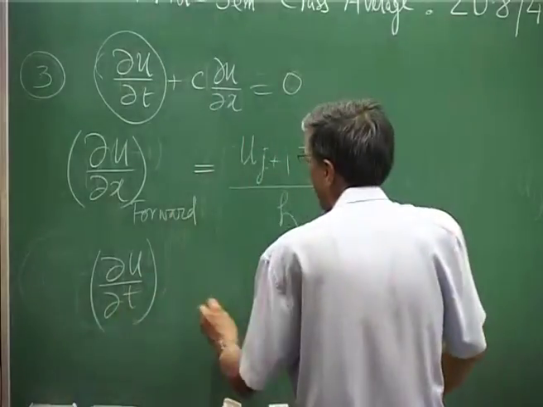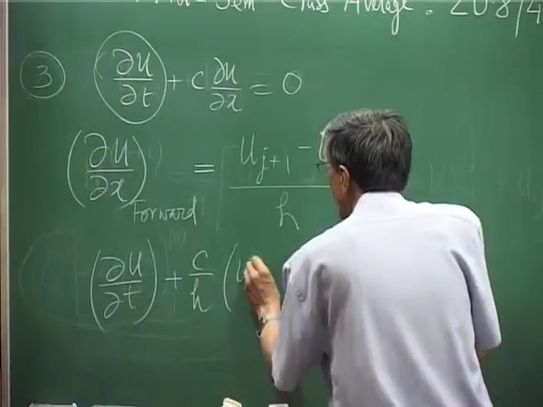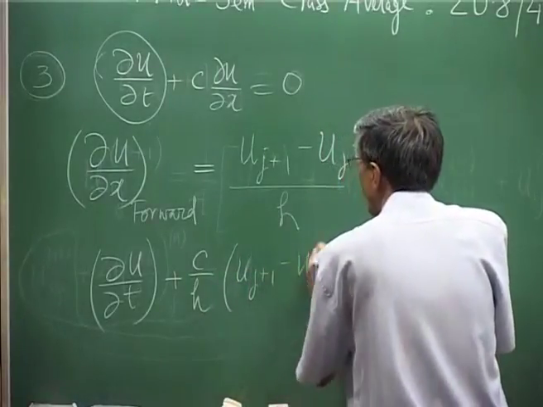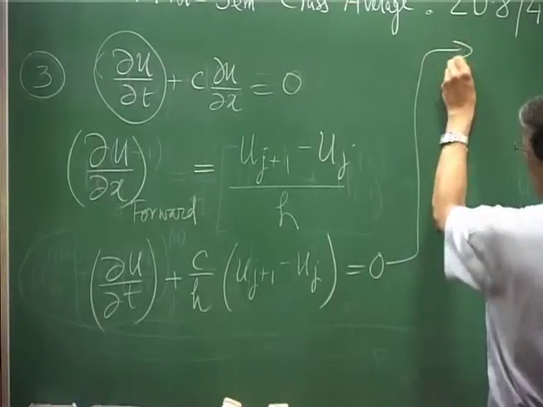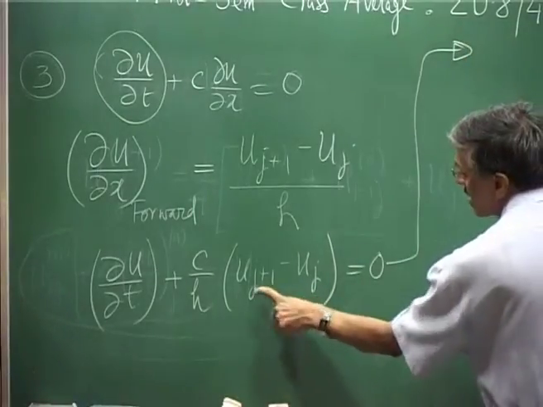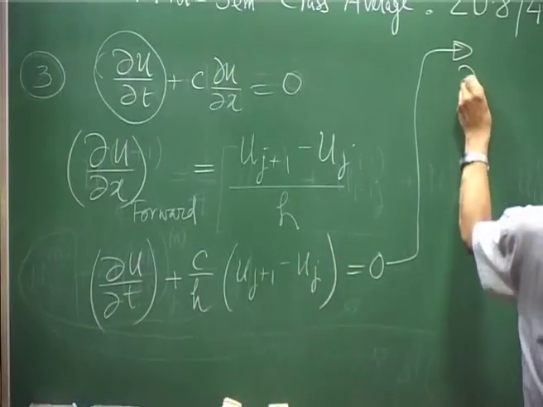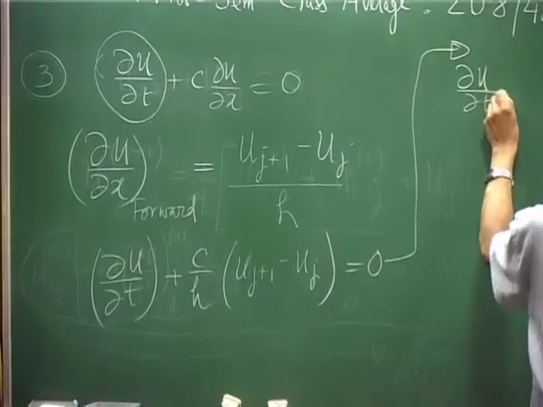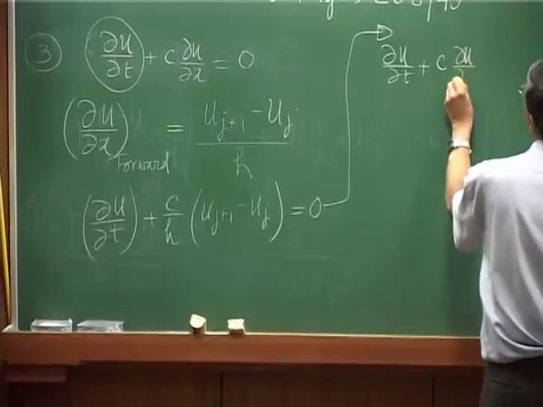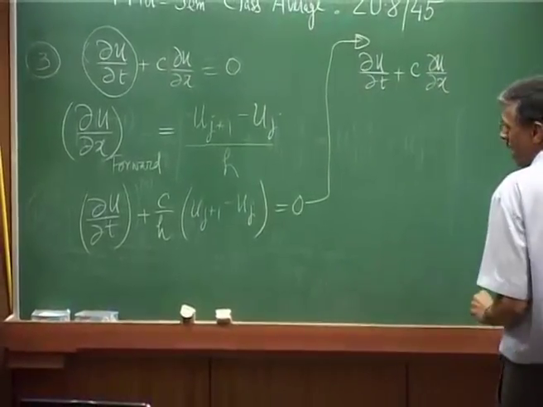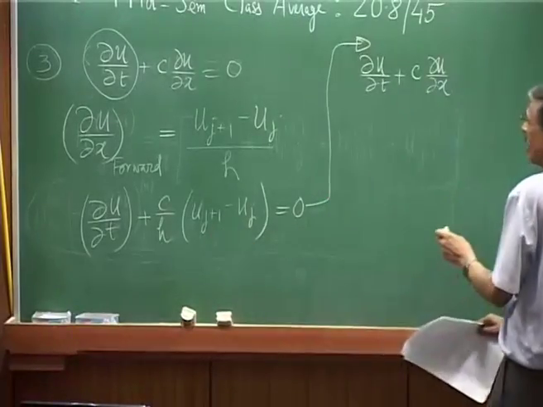This has no error and this has C by h. Now, from here of course, you can write down the Taylor series for this and you can see u_j will cancel out. What you are going to get is del u del t plus C del u del x, and the next term will be delta x squared by 2.